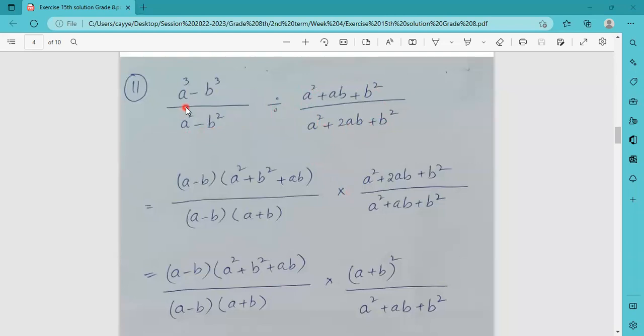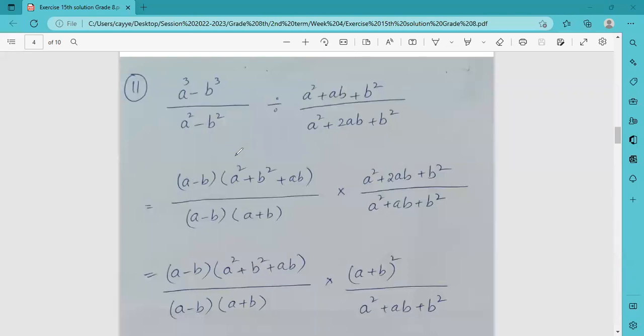The second thing is you have to see the first numerator and denominator. There is a has its own cube, b has its own cube. So you can apply the identity: a minus b into a square plus b square plus ab. You can interchange the place; ab can come first and b square can come later, but it is the same formula as we have already done.